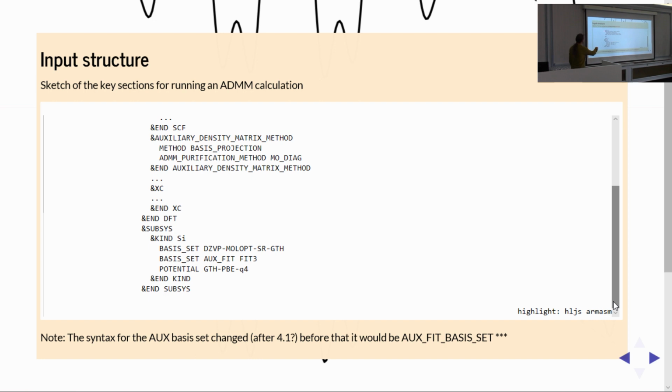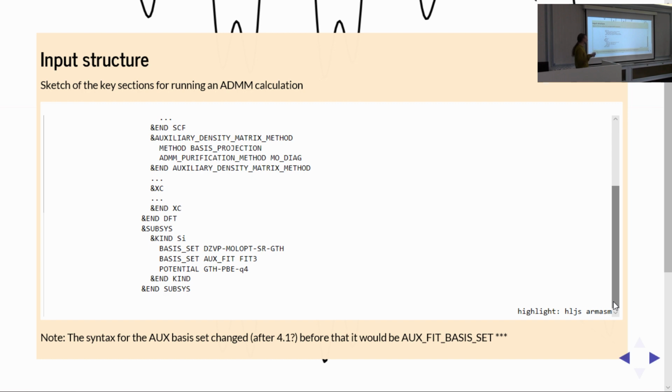So we turn on the ADMM. In the exchange correlation section, I'll give you some recipes in a second, but you need to specify the hybrid you'll be using. So how much Hartree-Fock, how much GGA, etc. And the last bit, in the subsys section, for each kind, you need to specify not just the primary basis set, but the auxiliary basis set.